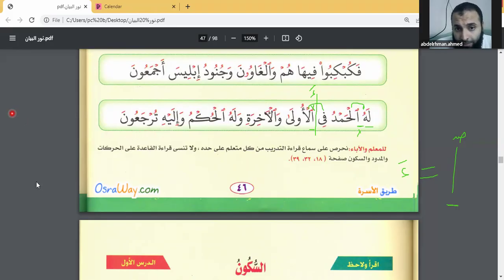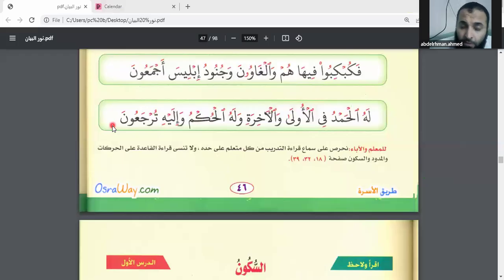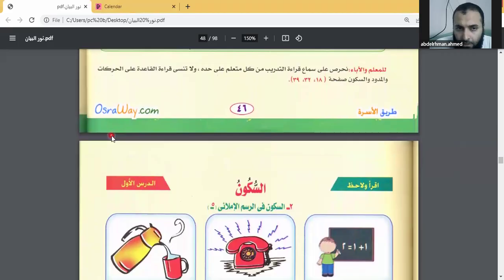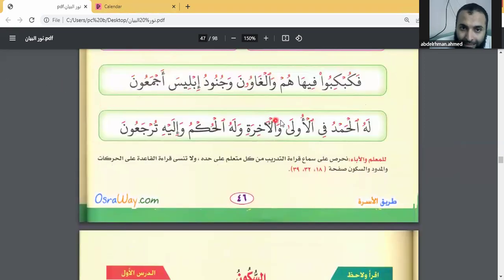Today we will explain the difference between sukun in the Quran and sukun in Arabic. If you are reading a newspaper, a magazine, or any Islamic books, like the hadith books or school books, the sukun in the Quran looks exactly like the letter ha.